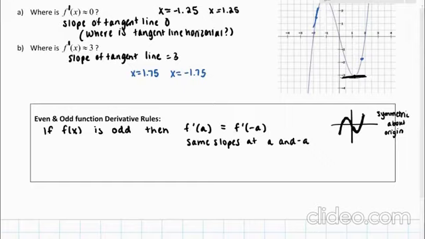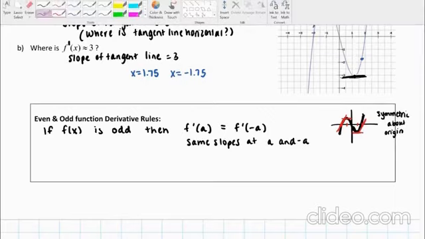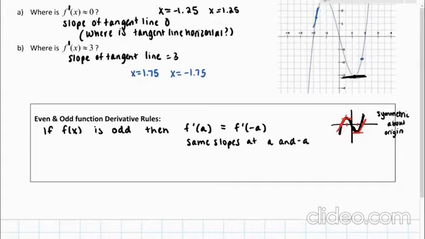So if that's the case, then you can look at your function at, say, a and negative a, and if you look at the slopes of those tangent lines, you will see that they're the same. Or if you were to look here at this point and this point, notice that the slopes of those tangent lines are the same. There's a similar rule for even functions.